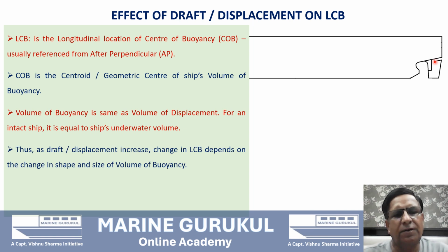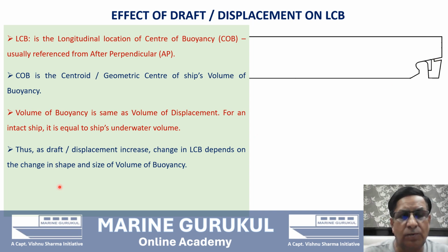Thus, as the draft or displacement increases, change in LCB depends on the change in shape and size of the volume. As already explained, the size is going to continuously increase, and any change in the vertical direction of the shape will cause a change in KB, which we have already studied.